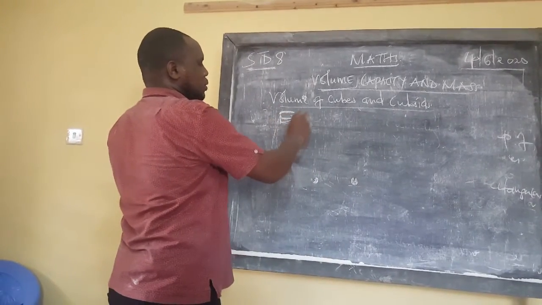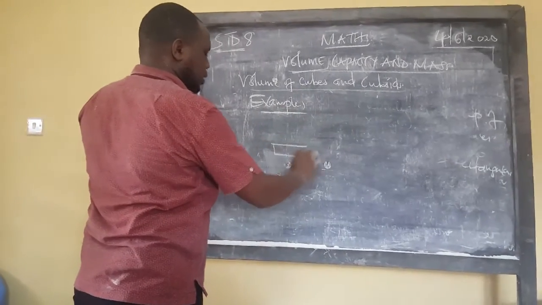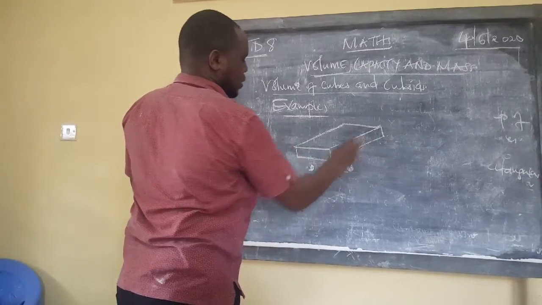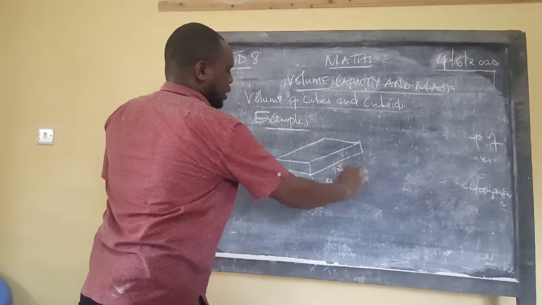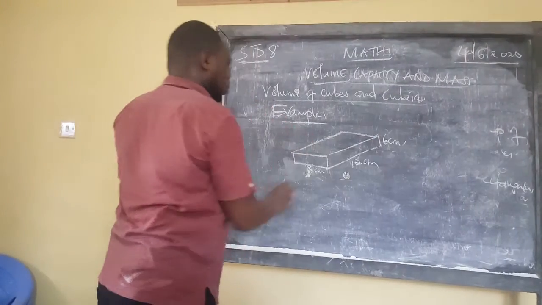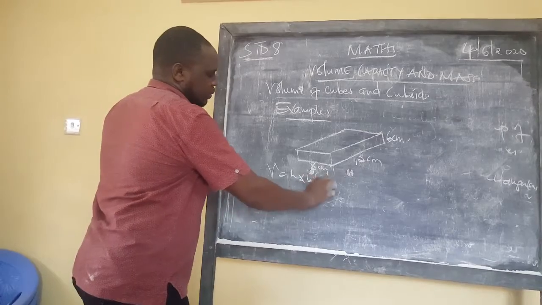Examples. They're given a shape like this. They're telling us 12 centimeters, 8 centimeters, and 6 centimeters. What is the volume? Volume is equal to length times width times height.